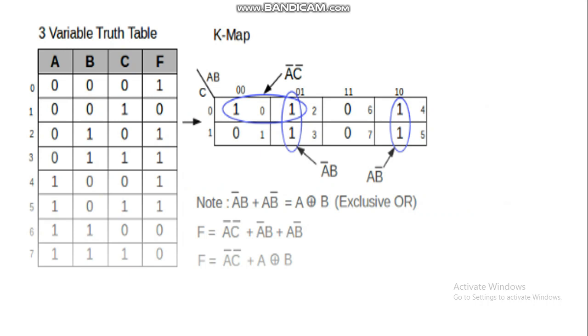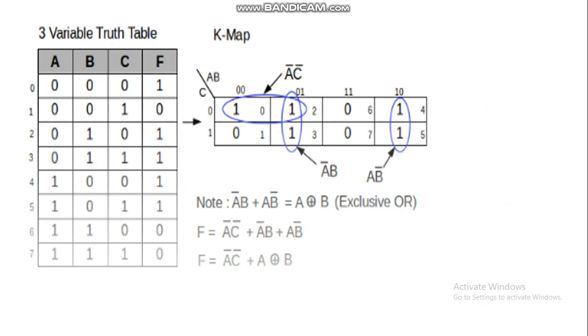So for the first group, I am considering here cell number 0 and 2. Always remember, for cell number 0 and 2, try to find out the common values. If you look, C is common in both the cells, as this is the only representative of your horizontal cells. Similarly, in vertical cells, A bar B, that is 0 0 and 0 1.